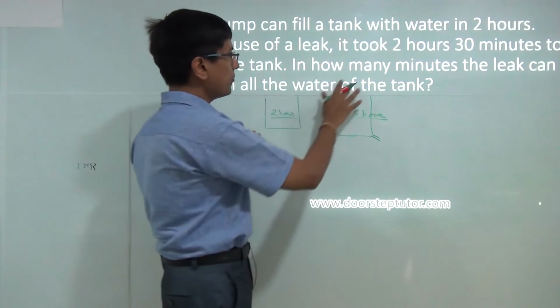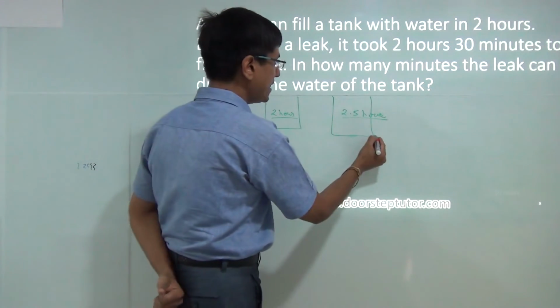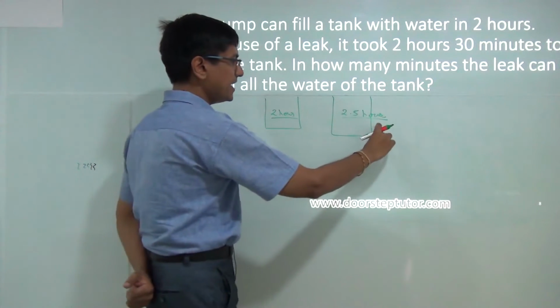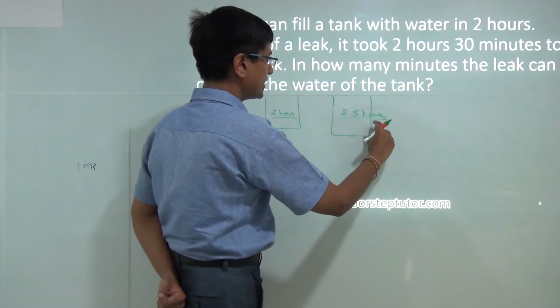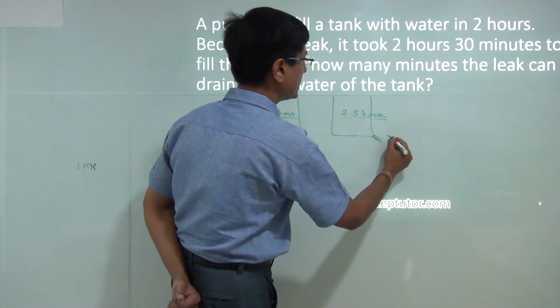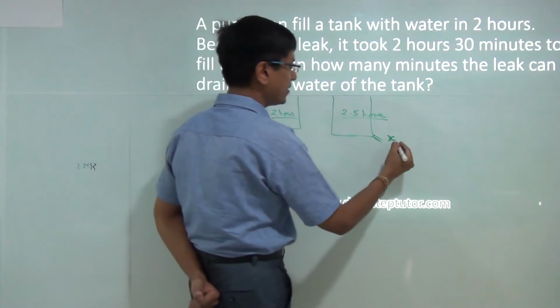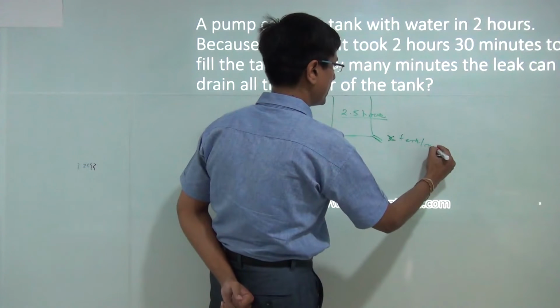Now most students, as soon as they see this problem, will say: let the rate at which this waste pipe, this leak that is emptying the tank, be x. So this is emptying the tank at the rate of x tank per minute, right?